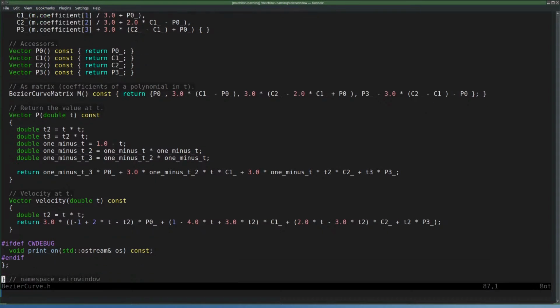Yeah, let's write something that initializes it. So begin and endpoint we already have, but now I want to pass... I mean, I did a lot of work.